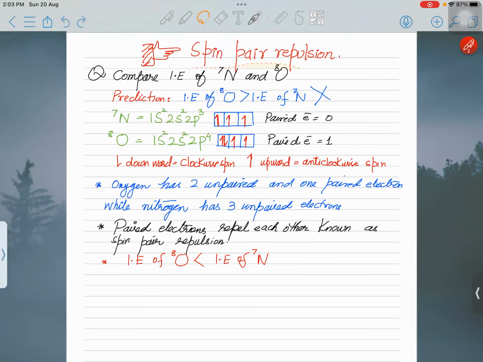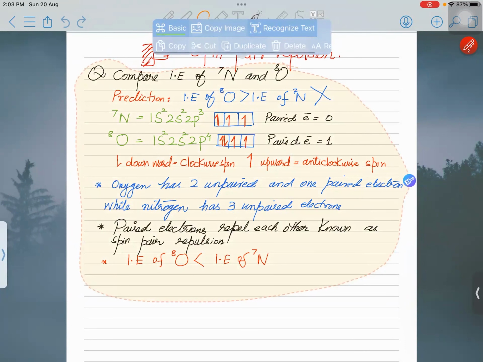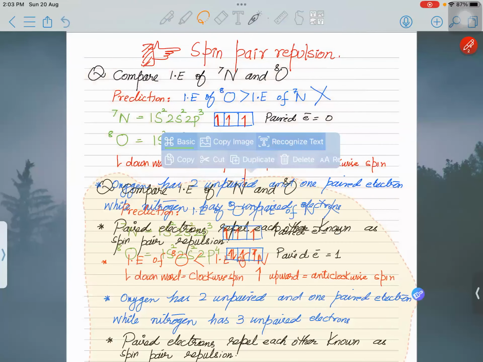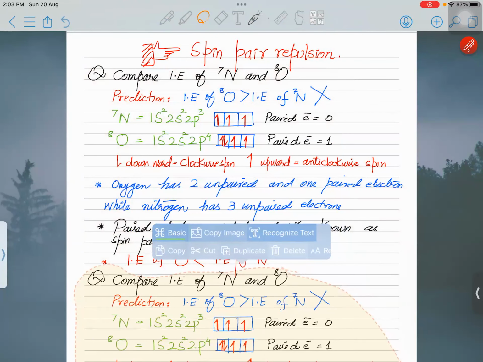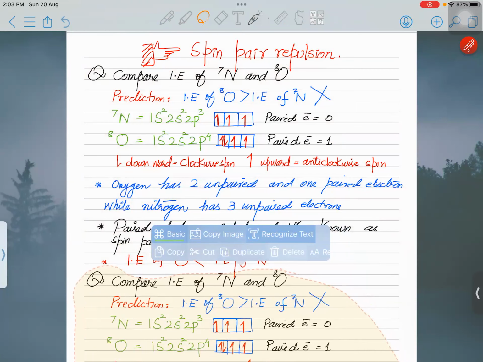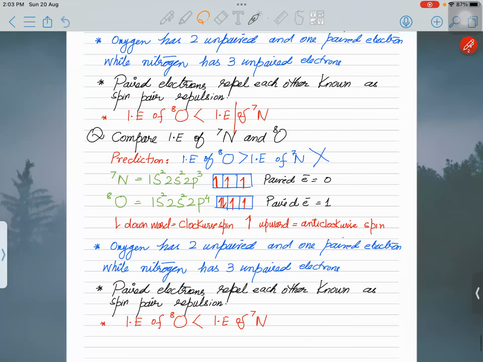Next question. Compare ionization energy of phosphorus 15 and sulfur 16.